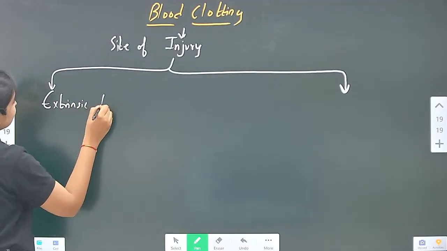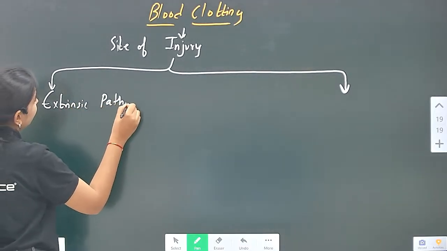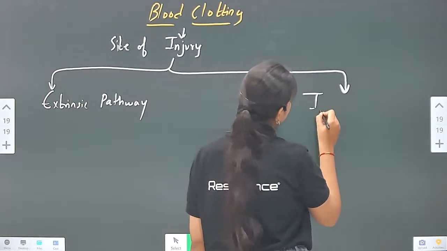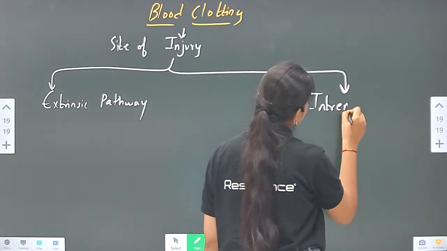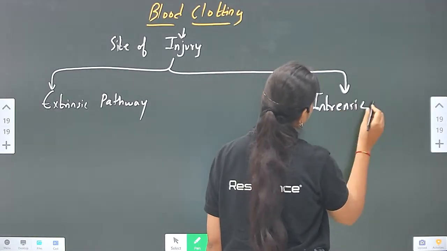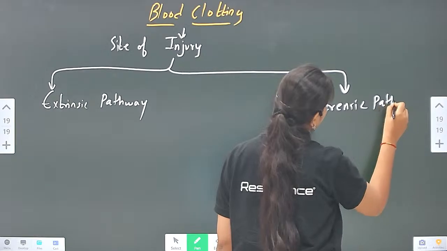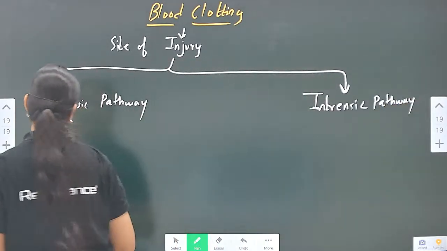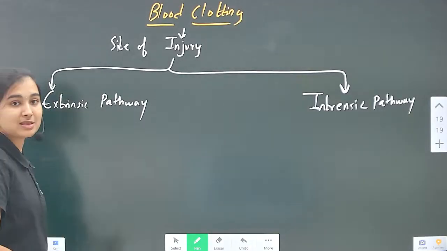We have this extrinsic pathway, and then we have what? The intrinsic pathway. In these two, the process will be happening.